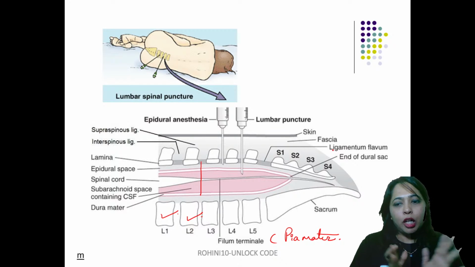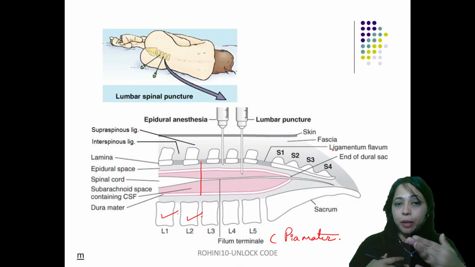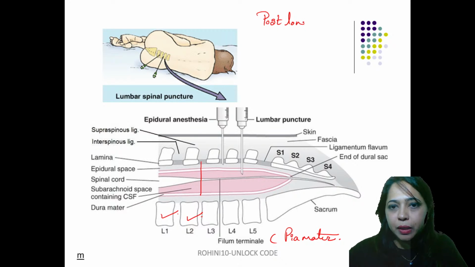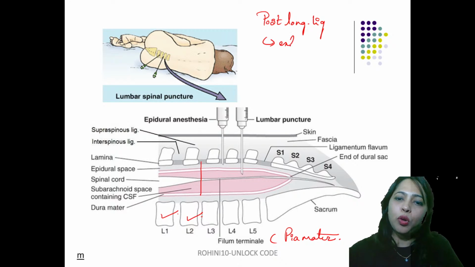You can see ligamentum flava, and the anterior and posterior longitudinal ligaments. Do you remember that the posterior longitudinal ligament extends upwards as what? It extends upwards as the membrana tectoria.